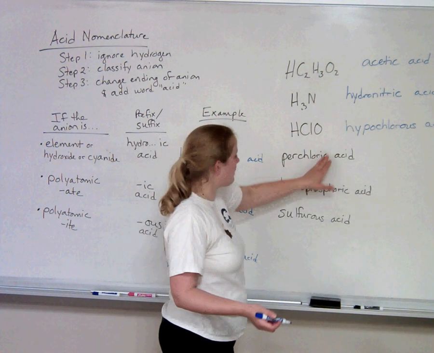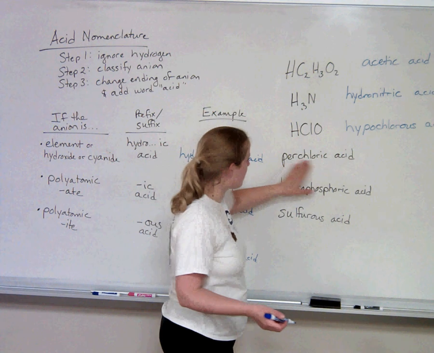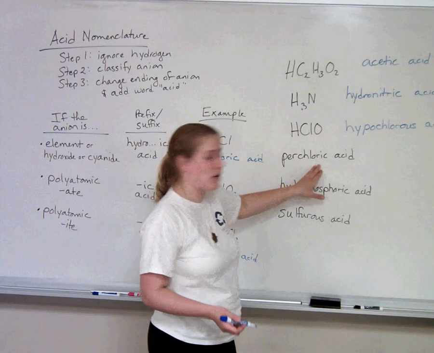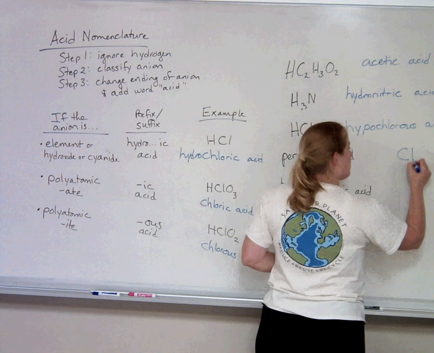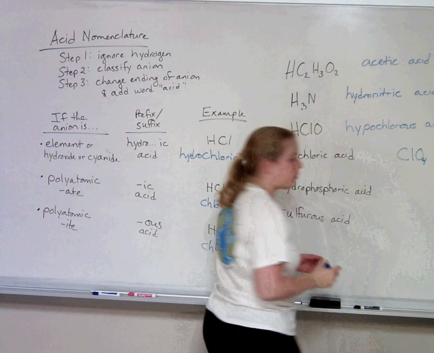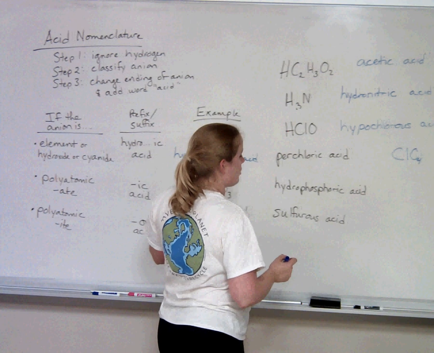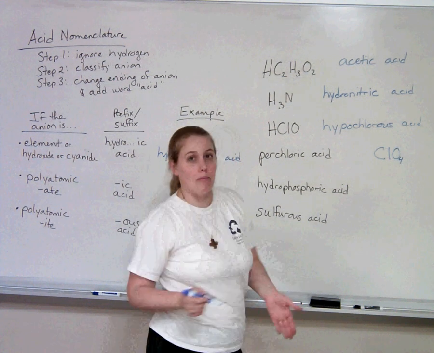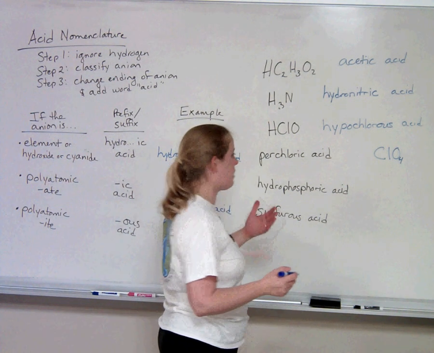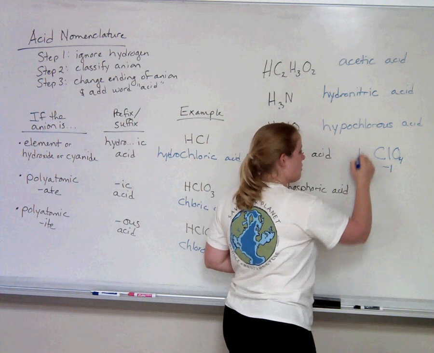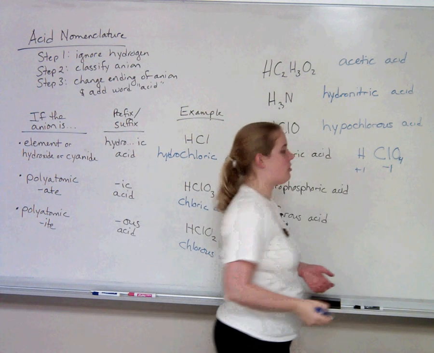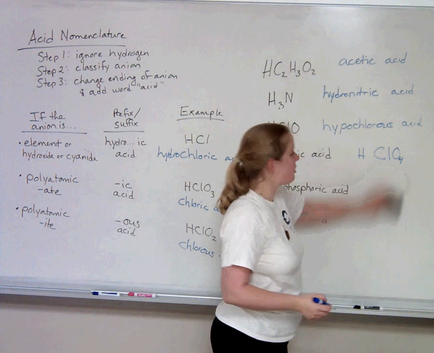So let's find the polyatomic that starts with per and ends in ate, so I have perchlorate, ClO4. Perchlorate is a -1 charge. Hydrogen's always the same, the +1 charge. So if this is -1 and hydrogen is +1, we only need one hydrogen. So the formula is HClO4.